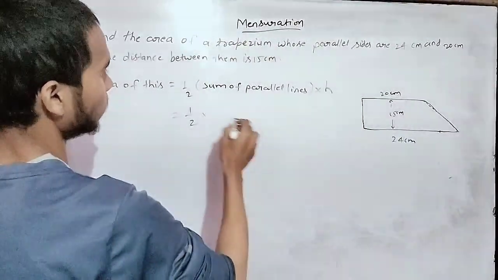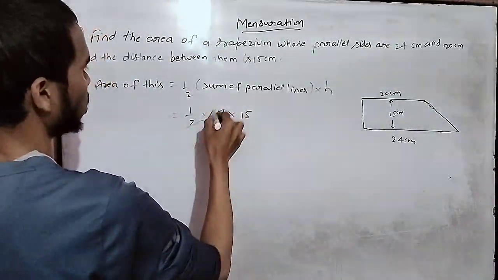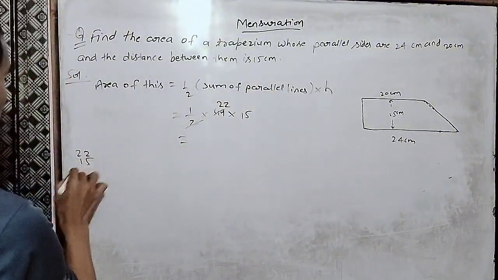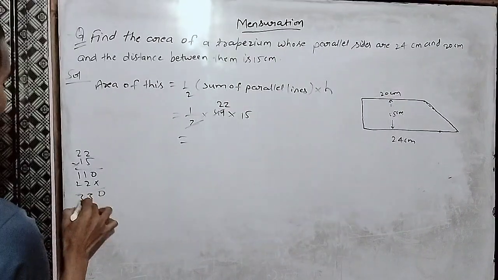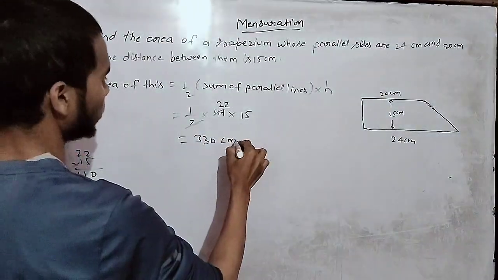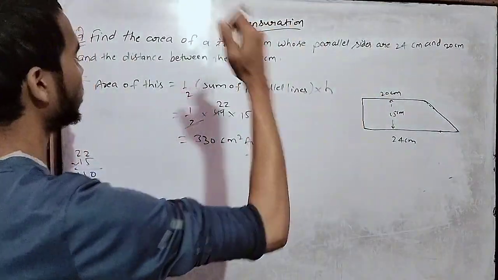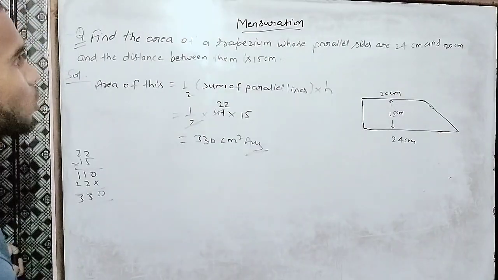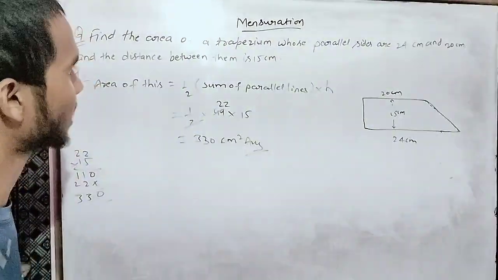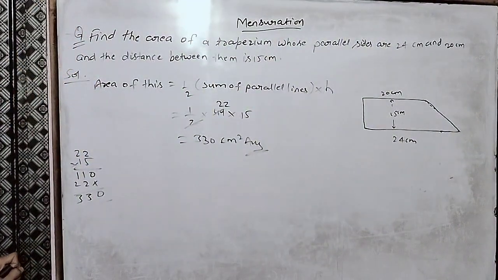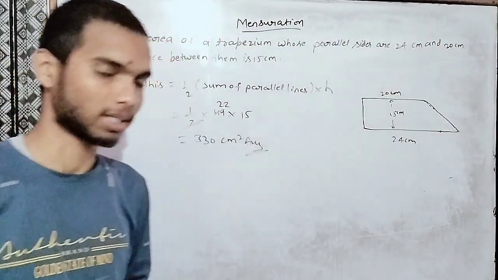Okay, so 20 and 24 is 44, and then h is 15. Half of 44 is 22, and 22 times 15 is 330 centimeter square. This is the area of this trapezium, whose parallel sides are 20 centimeter and 24 centimeter, and the distance between them is 15 centimeter.